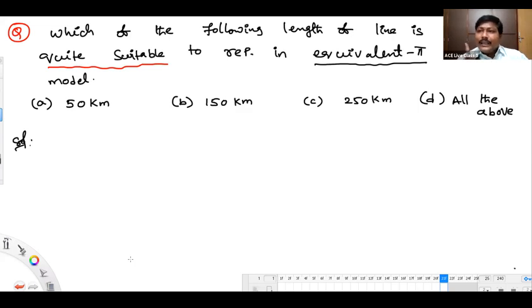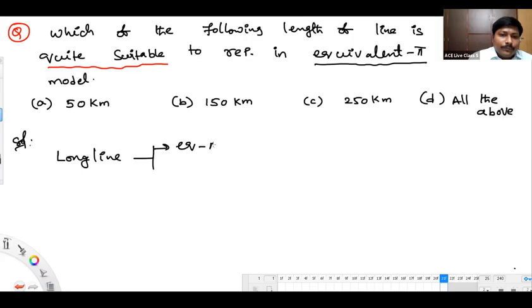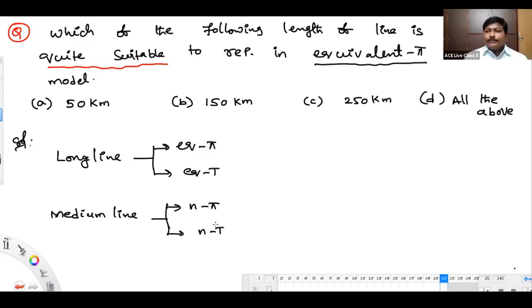A long line will have equivalent pi, equivalent T. A medium line will have nominal T, nominal pi.